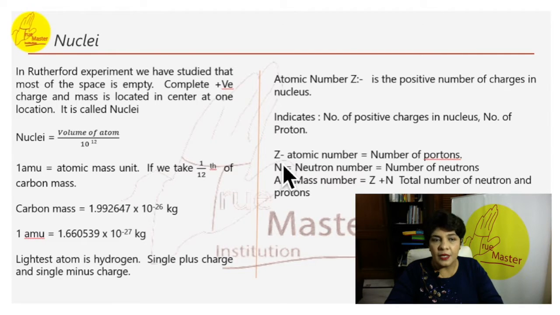N is the symbol for the number of neutrons, and A is the mass number, which is the sum of Z plus N. So Z was the atomic number, the number of protons, plus the number of neutrons. A represents the mass number, the total number of neutrons and protons in the nucleus of an atom.